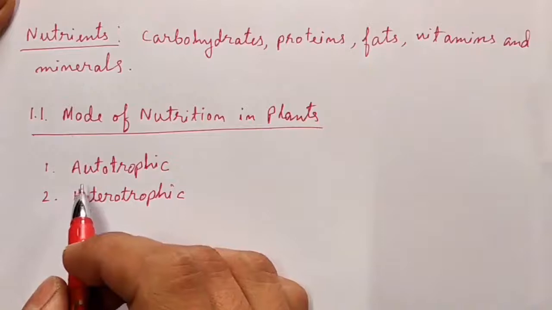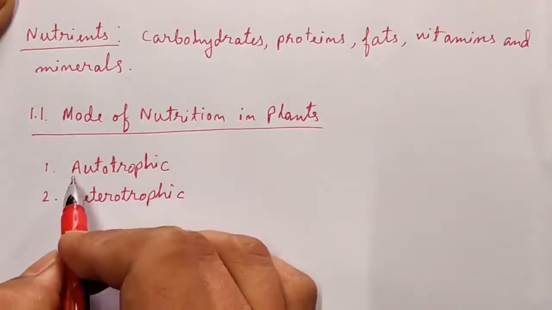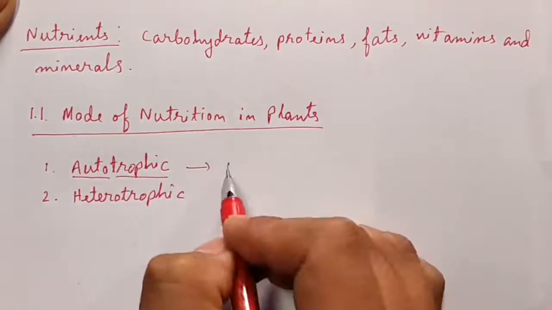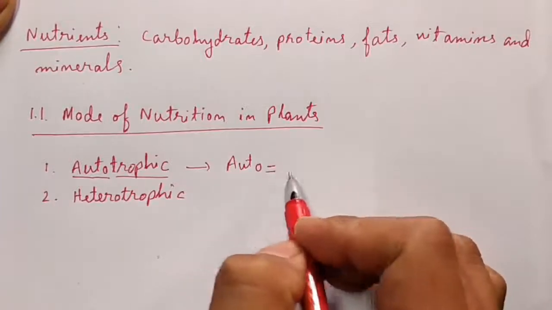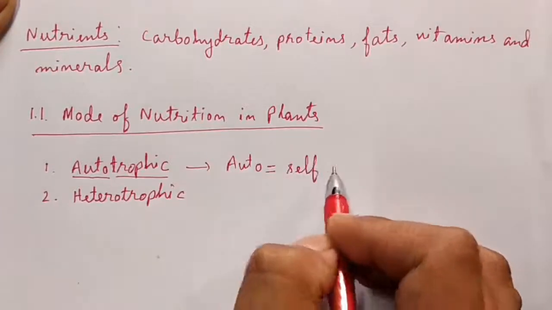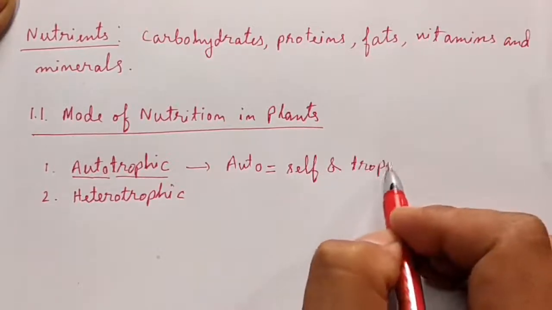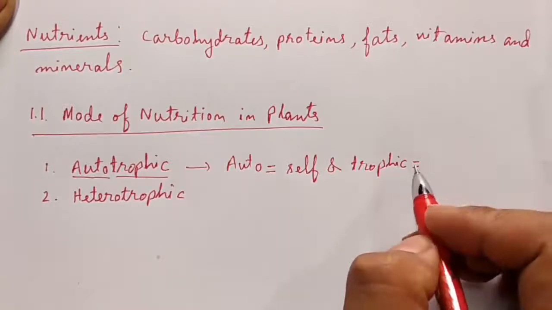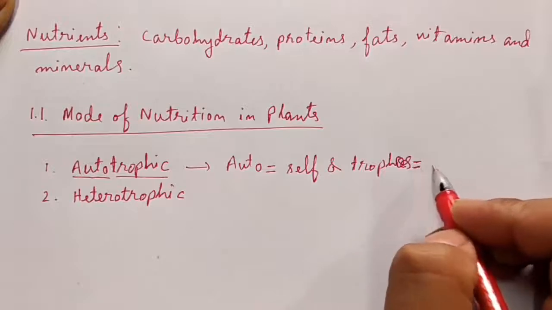This term autotrophic is derived from the words auto and trophic. Auto means self and trophos means nourishment.